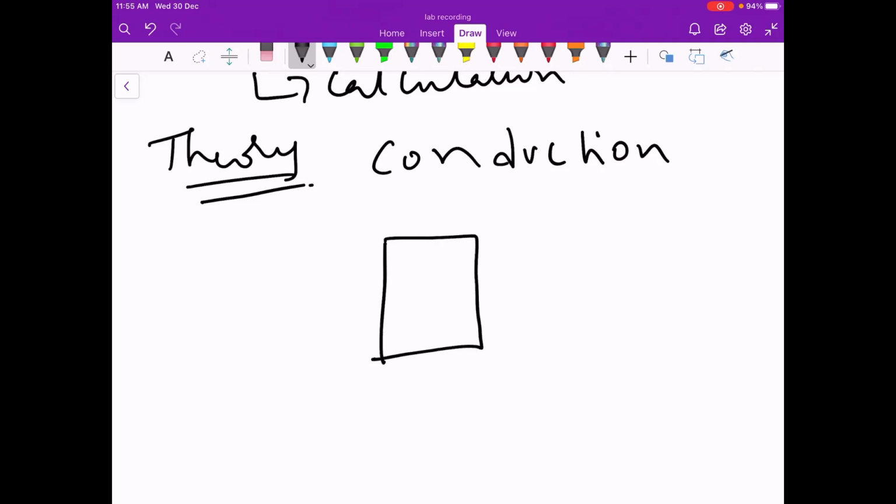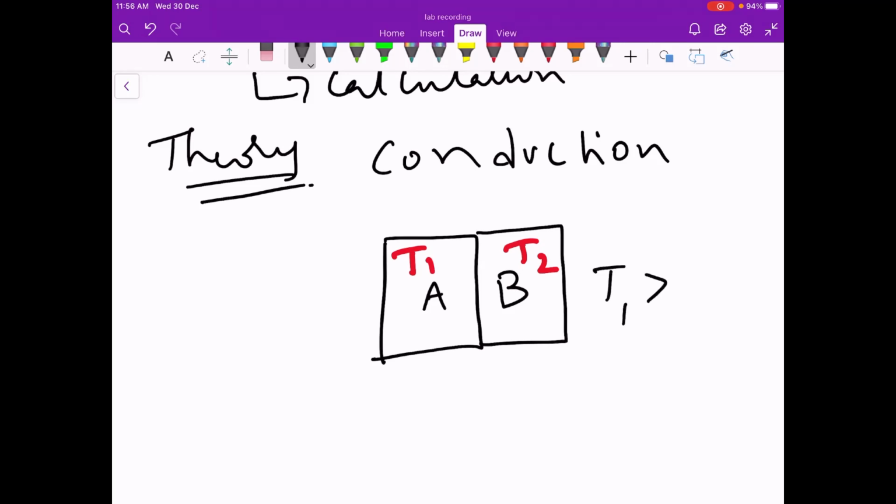When you have two bodies, say body A and body B, in contact with each other, maintained at temperatures T1 and T2, and the condition is that T1 is greater than T2, the heat flows from one molecule to another molecule.